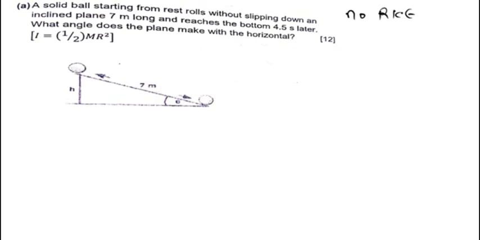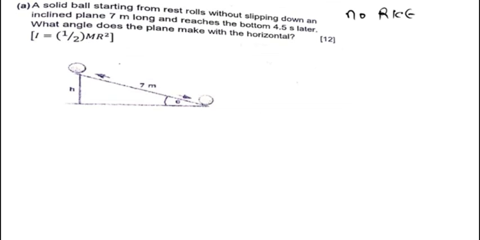Now it rolls without slipping, meaning it was rotating, so there is rotational kinetic energy. So we need to use the same concept which we have just used. Find the angle and then send me the answer in the description.